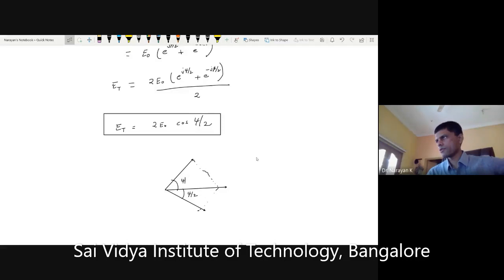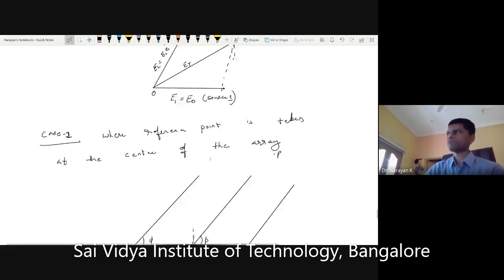This angle is your psi by 2. So your E1 is equal to E naught e raised to the power minus j psi by 2. E2 is equal to E naught e raised to the power j psi by 2. This is your total electric field E total.